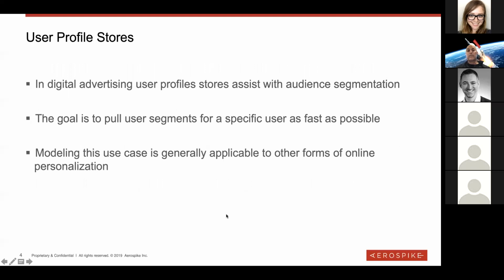So quickly, what is a user profile store? In verticals like digital advertising, a user profile is something that holds, for example, all the audience segments of a user. Typically in ad tech, over time, as you're using things, information about you is gathered.